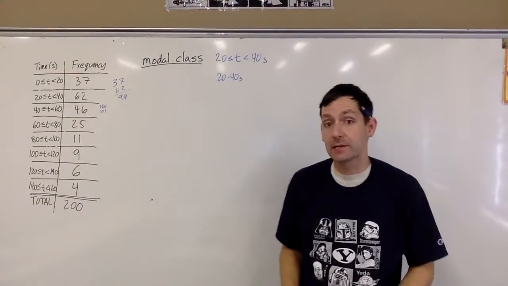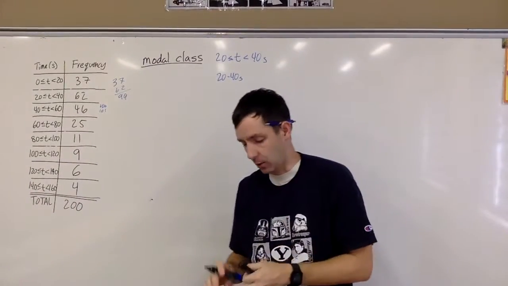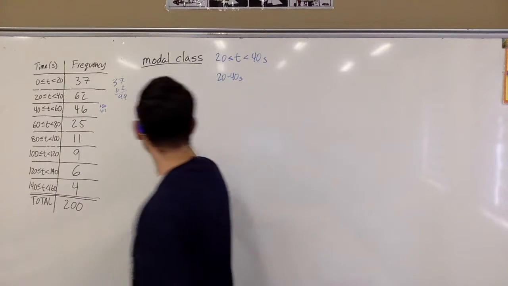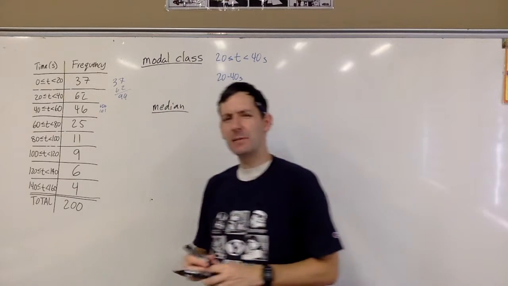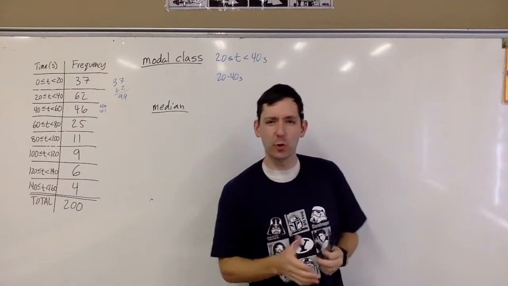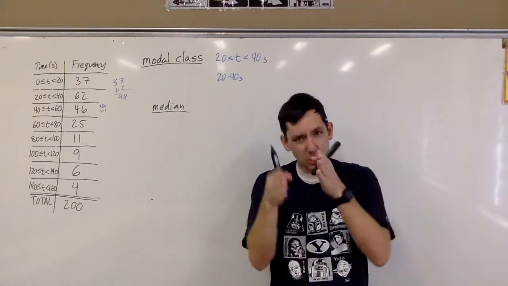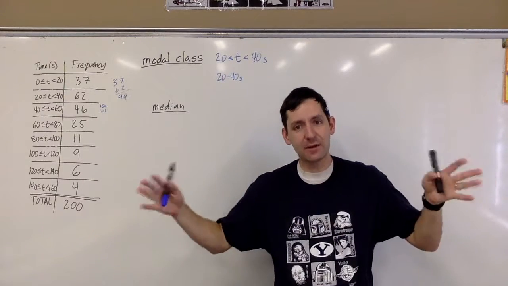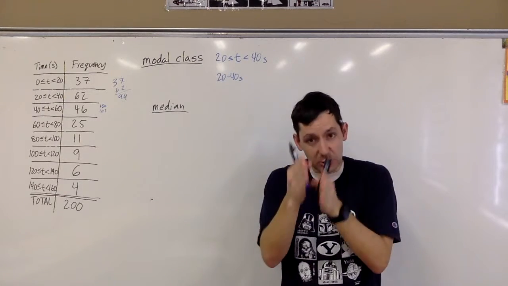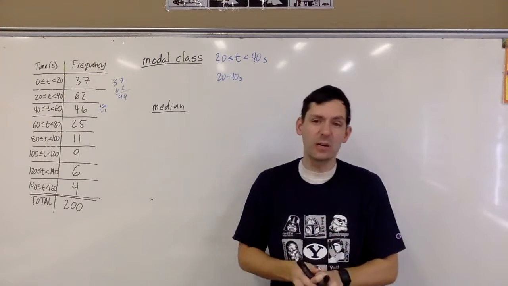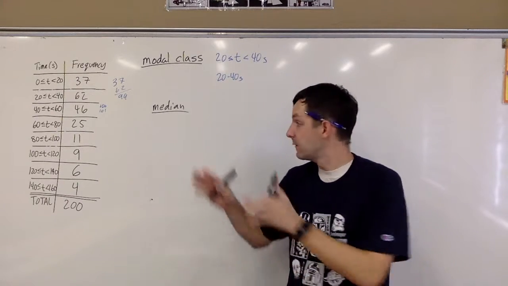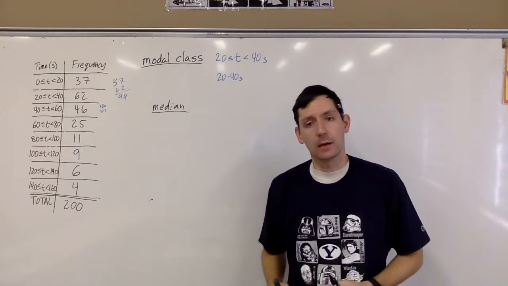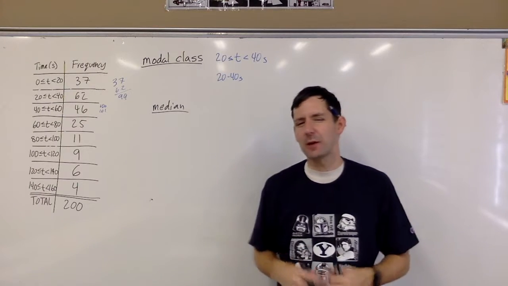We're going to move on to the next group, which is the median. You'll remember that the median before was the middle number of the group, and actually sometimes it was between two numbers. If I had an even number of terms, then it was between the middle two. So now we just need to figure out where is that middle number or those middle numbers for this situation. This one's a little bit easier to think about because there's 200 numbers.